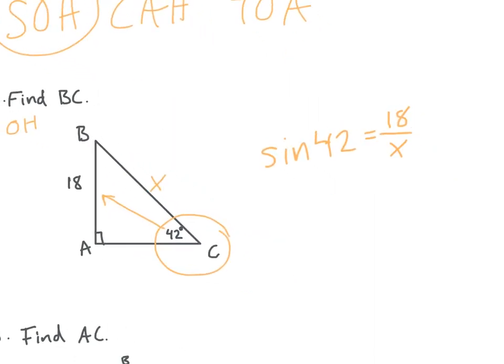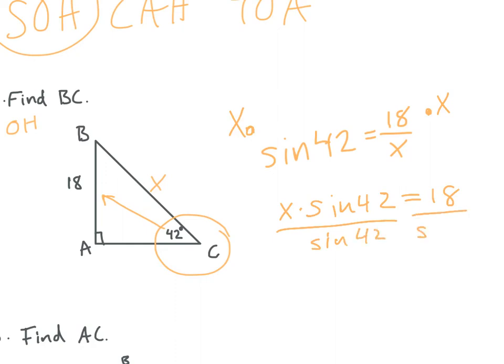To get x equals, we just multiply both sides by x. So we get x times sine of 42 is equal to 18. And then we just divide by sine. So we're just moving the equation around to get x equals. That way we can just put it into our calculator. So it cancels out. X is equal to 18 over sine of 42. 26.9, I think.